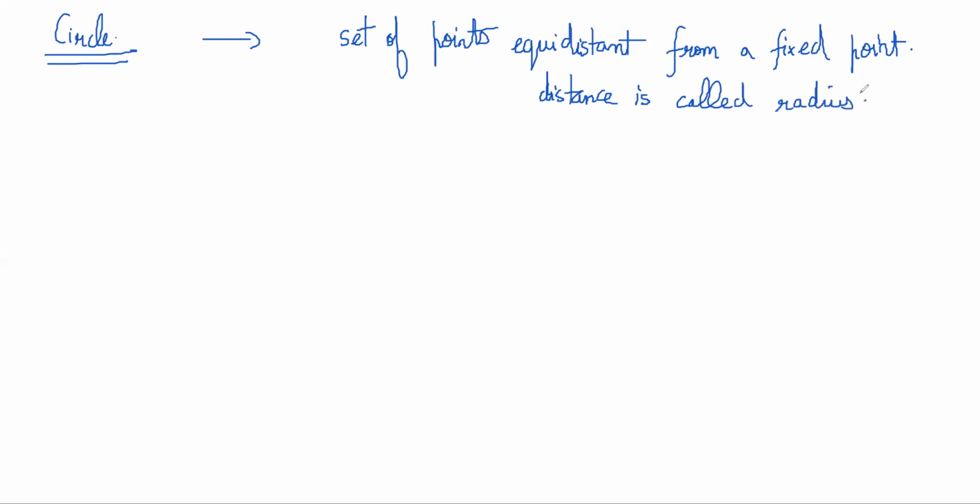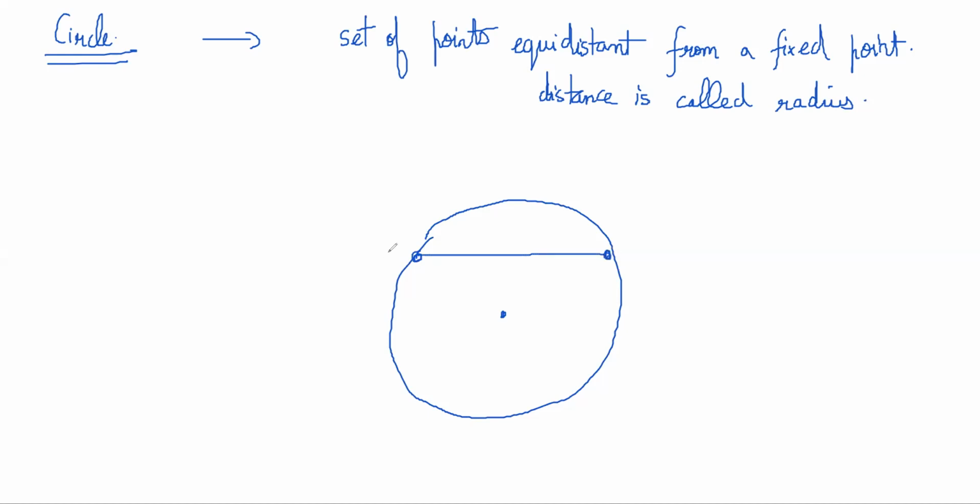Now, okay, so let AB be a chord in a circle. Let this be a circle, and let's say we have a chord AB, and this is the center, say O. Let's connect this and this, right?